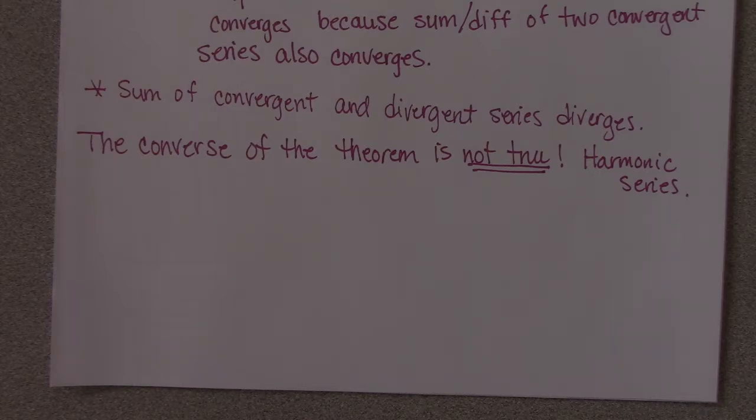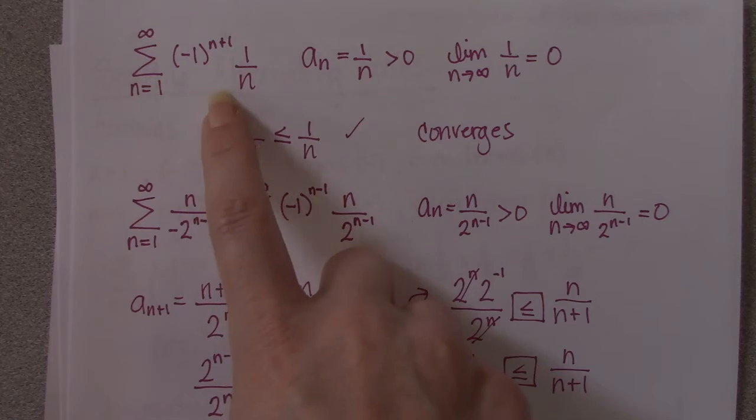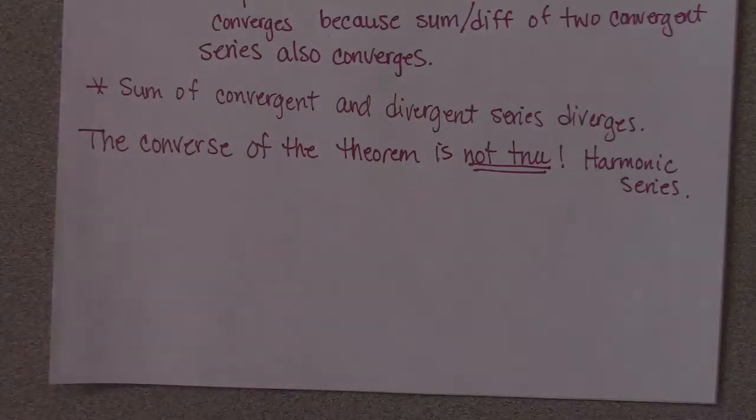But the alternating harmonic series converges, because we just showed that it converges using the alternating series test. That is the alternating harmonic series, and it passed the alternating series test. So just because an alternating series converges doesn't mean it's absolutely convergent.